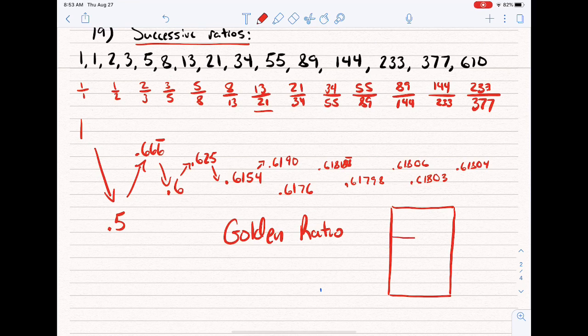If you have a rectangle, you can cut off a square and be left with a rectangle that has the exact same proportions as the original rectangle. So when you cut off a square, you're left with a rectangle that again has the exact same proportions as the original. Now, mine doesn't, because I can't naturally draw the golden ratio.